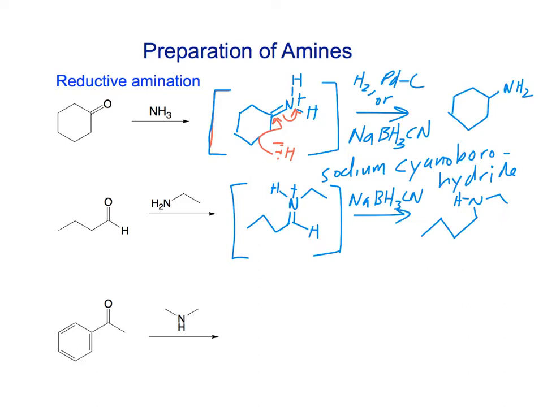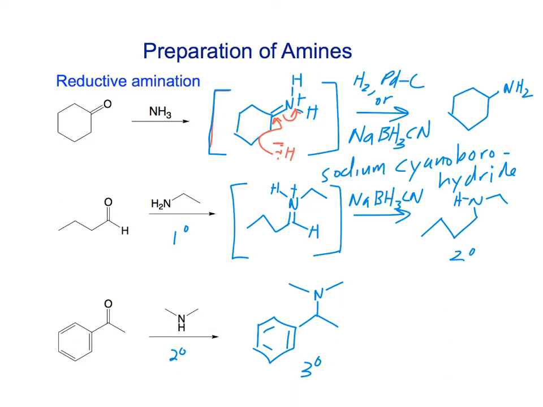And if we start with a ketone, and if we use a secondary amine, then let's just go straight to the product this time. We would get a tertiary amine. So if we go from a secondary amine, we get a tertiary amine. If we have a primary amine that we do this reductive amination, we get a secondary amine.